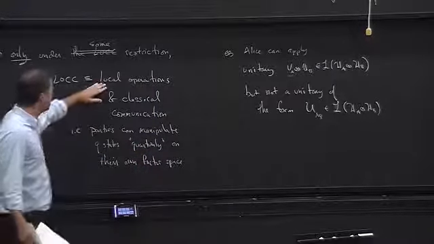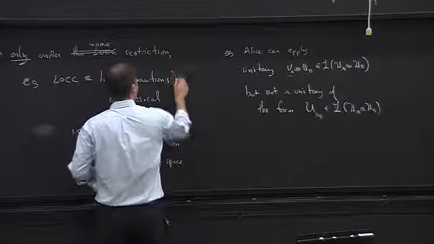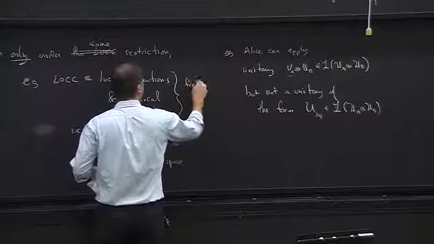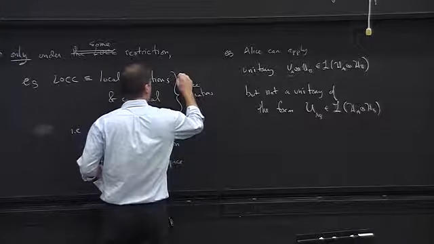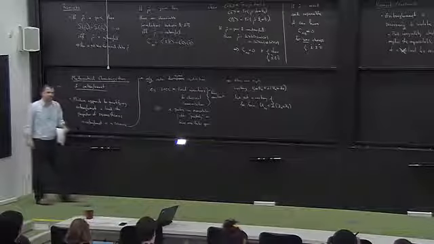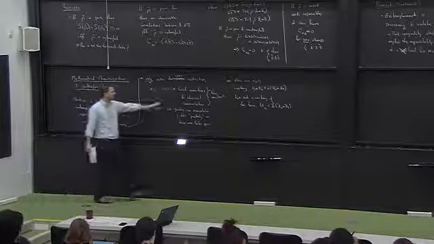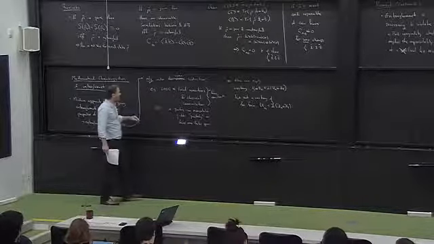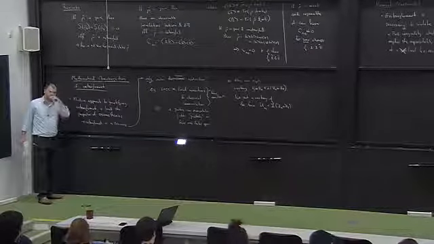So the LOCC restriction is that these are considered the free operations. And anything that's not in your set of free operations is a candidate resource. It allows you to do things outside of the set of free operations. And so when you impose this restriction, then entanglement becomes a resource.